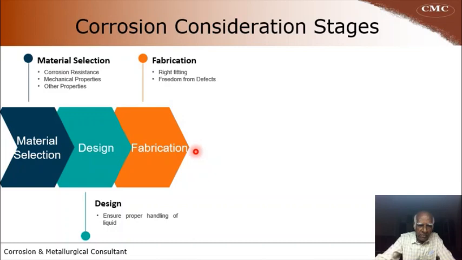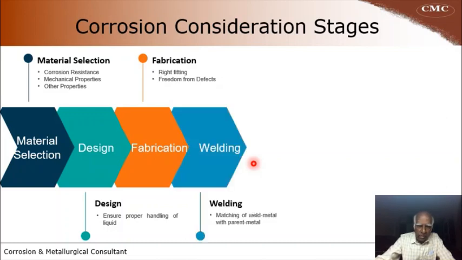The next stage is fabrication. During fabrication, right fitting and freedom from defects should be ensured. The next stage is welding. During welding, the weld metal and parent metal should match in composition.